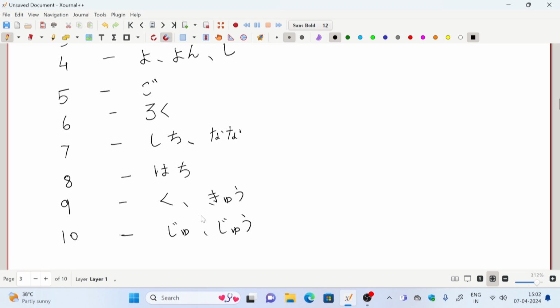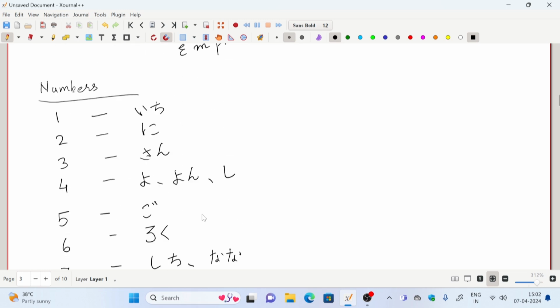Next we'll learn how to make the numbers after 10. If it is 11, we'll add it using the tens. 10 plus 1: we'll write the 10, which is juu, and then 1, which is ichi.